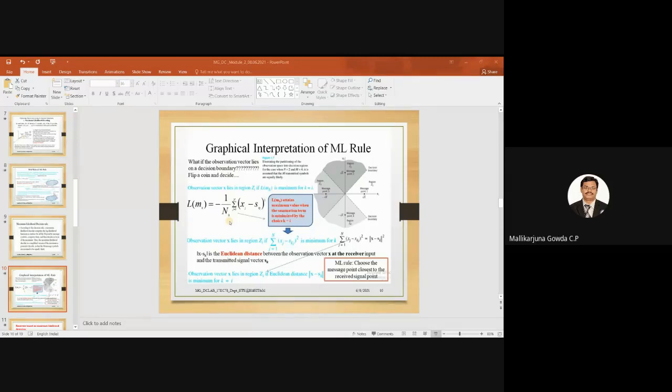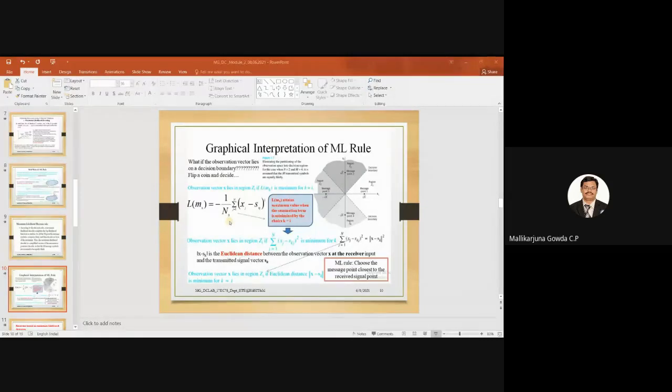One on the phi 1 axis, that is message point 1 with value root E, and another is message point 2 on the phi 2 axis, that is root E. The third is message point 3 on the negative of the phi 1 axis, which is minus root E, and message point 4 lies on the negative of the phi 2 axis, which is minus root E. So I am considering four message symbols, and I divided this entire space into different regions.